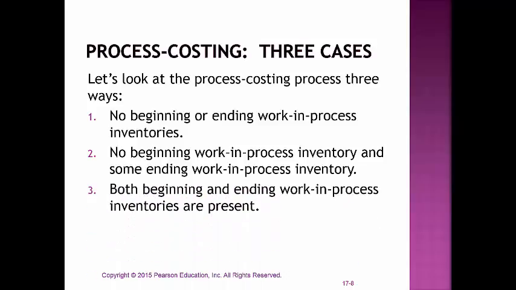And then lastly, with case 3, which is probably the most typical, we're going to have beginning inventory that's work in process inventory left over from a prior period, and then we're also going to add some more direct materials and start some additional units as well. We're going to finish so many units, and then we're going to transfer out so many units, but we're also going to still have some left over at the end of our period that'll still be considered work in process.